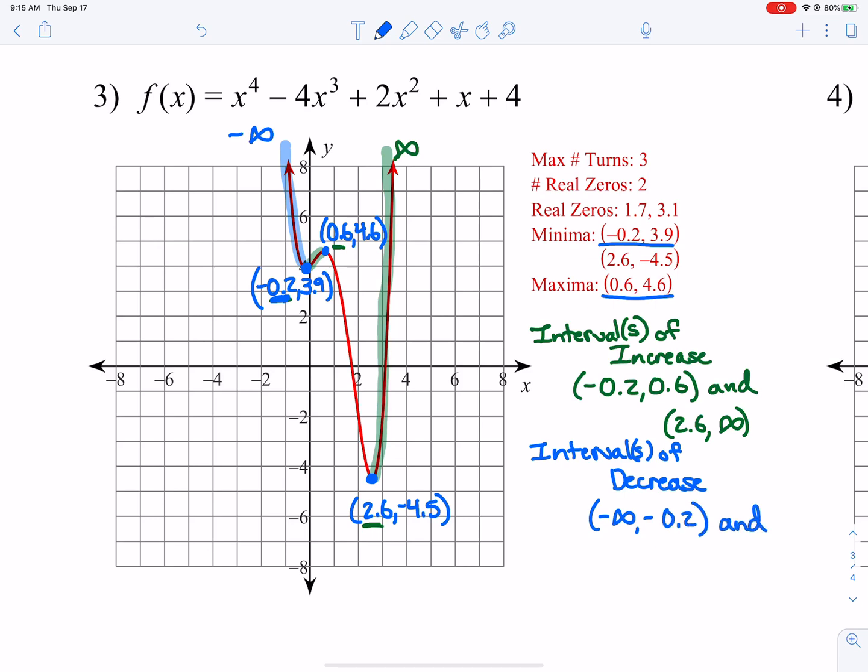And we have another interval of decrease from the x value of 0.6 down to 2.6. So from 0.6 to 2.6, it was also decreasing. All right, so we had 2 intervals of increase again and 2 intervals of decrease. So that's it, just to show you a few examples of how to pick out intervals of increase and decrease.